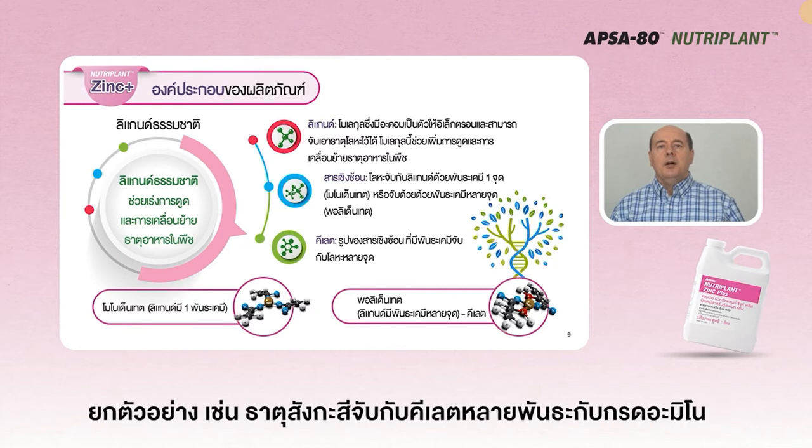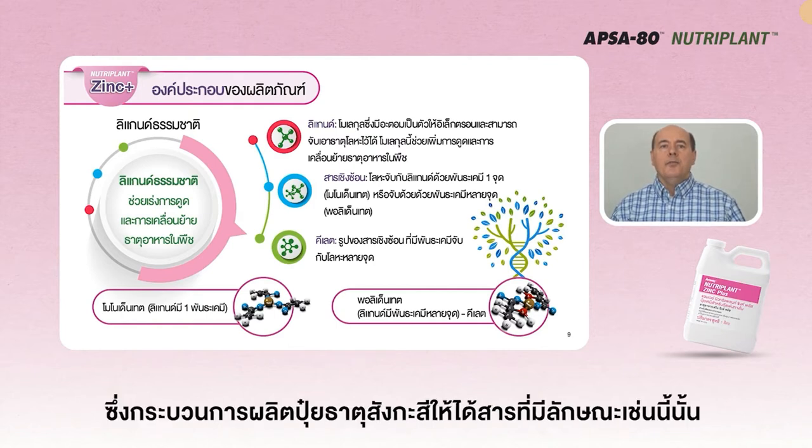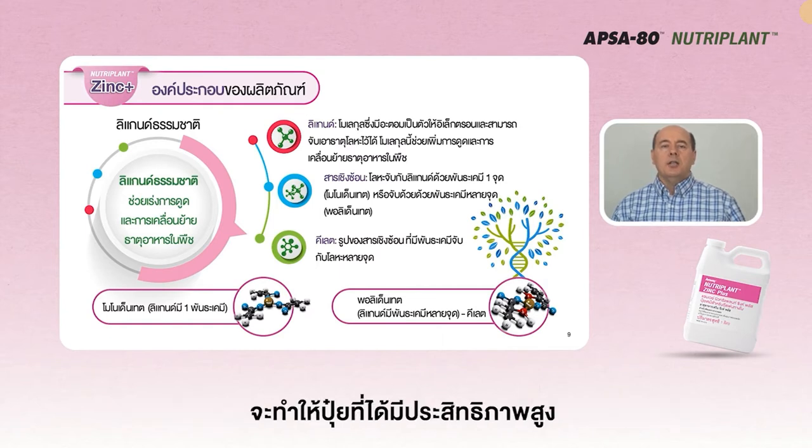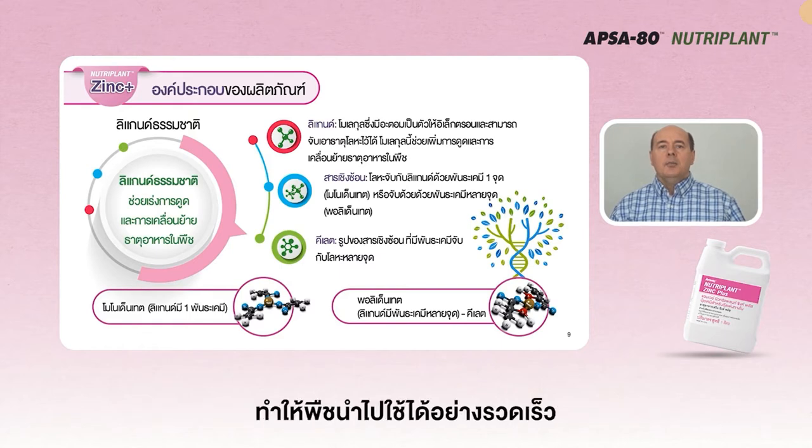An example of the chelate is zinc combined with multiple amino acids, carboxylic acids, and carbohydrates. This is typically the most efficient way to prepare nutrient for the absorption and translocation through plant tissue. Nutrient can be quickly absorbed and utilized in plants.